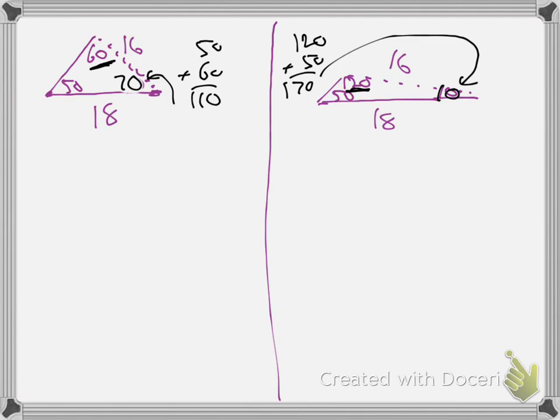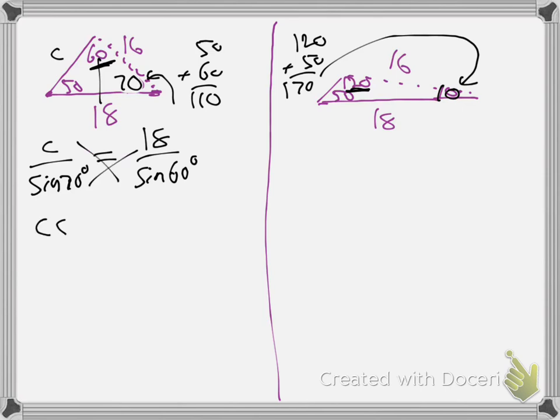So now I'd have to find the missing side here, this little c. So how do I find that? Little c over the sine of 70 is whatever two you want to connect, say like these two. 18, the side first. 18 over the sine of 60. Solve that diagonal, diagonal.